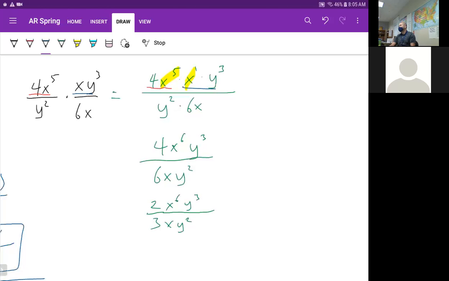Okay, but on the bottom after the 4x to the 6 y cubed, after that fraction, the 2x to the 6 and the y to the 3, how'd you get 2x? Mr. Howe? Hey, you well?